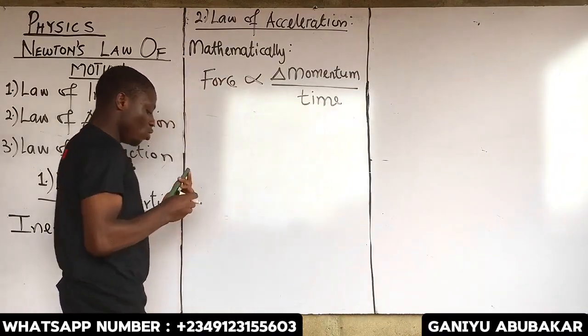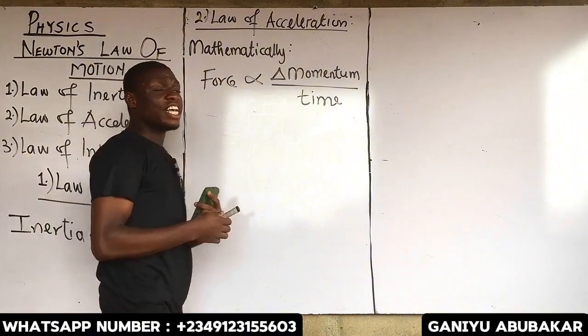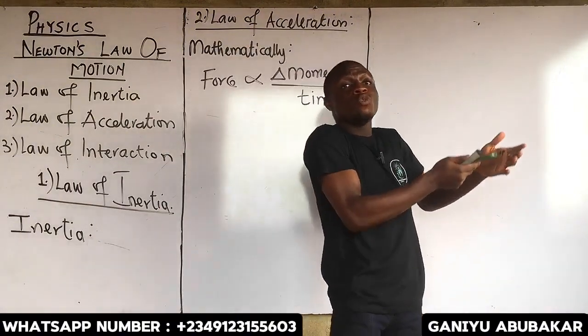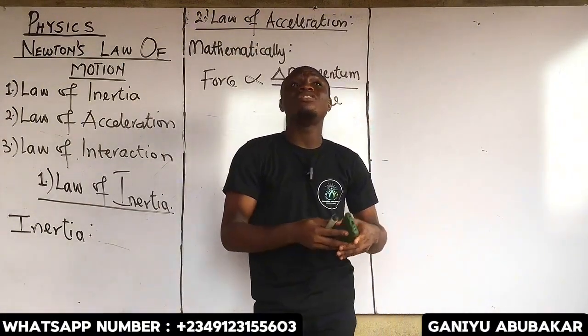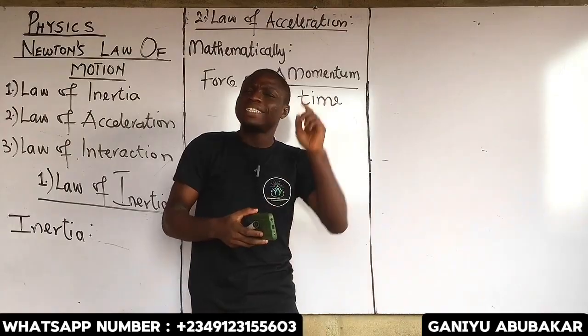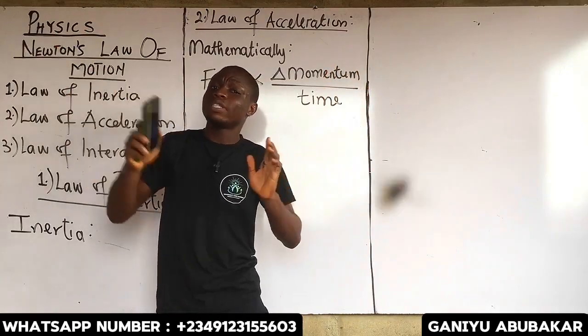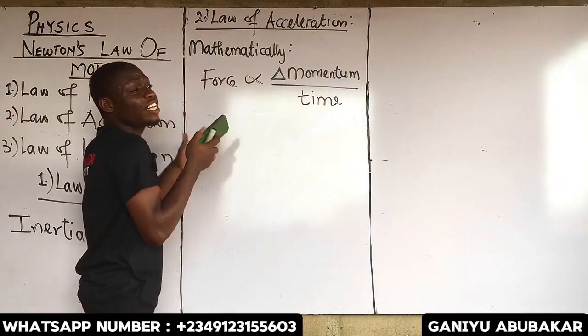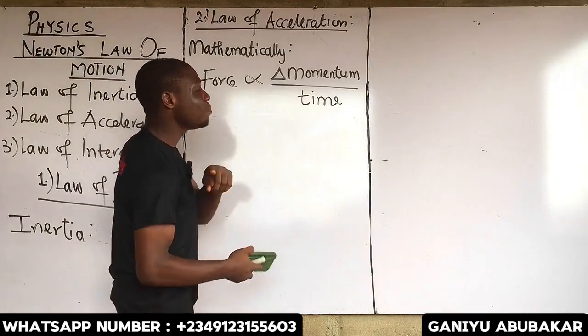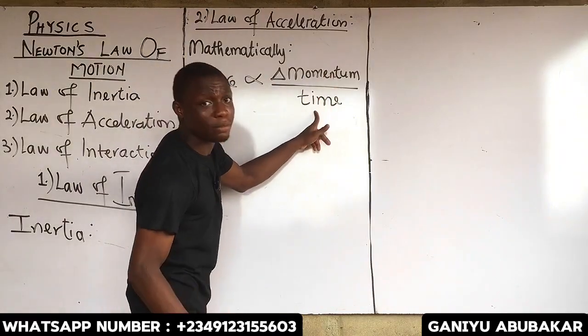Now listen, please. When you hear the word rate, rate is a time-bound word. In physics, it means that thing is changing with respect to time. So the rate of change of momentum means changing momentum over time.